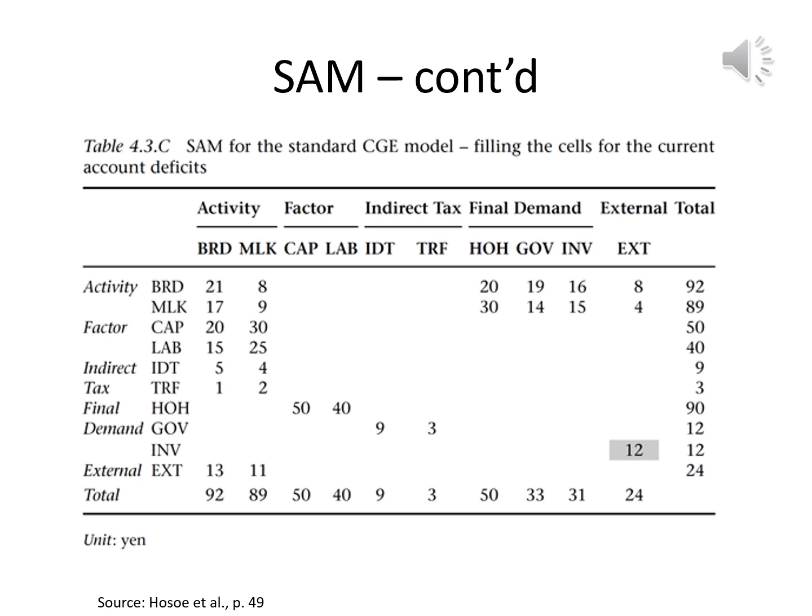And now we can move on to the final demand blocks. So far, we have done so many things here to balance the SAM. Now the household, government, and investment accounts seem to be unbalanced, because in the household account, if you look at the row, you'll see the number 90, but in the column sum you see 50. For government, the row sum is 12, while the column sum is 33.